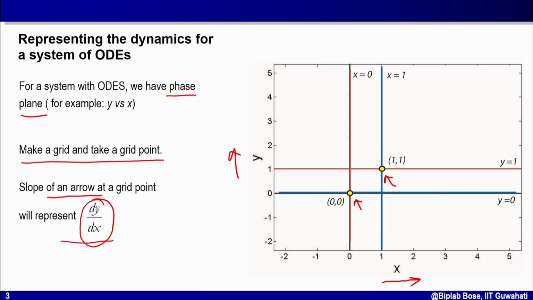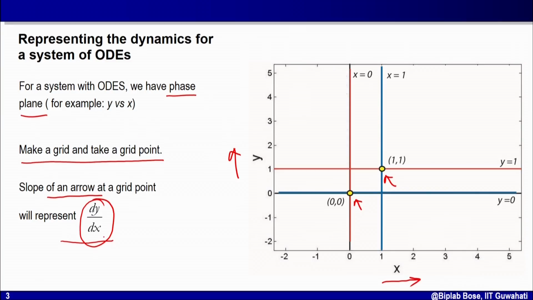That will show how y is changing as x is changing. And as x changes with time, y will also change with time. That's how I can visualize the change in y and x in an xy plane.